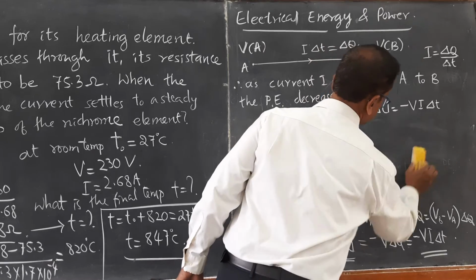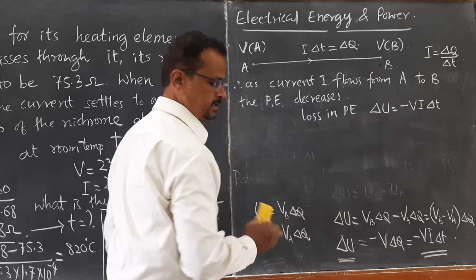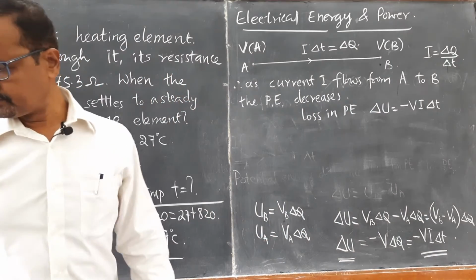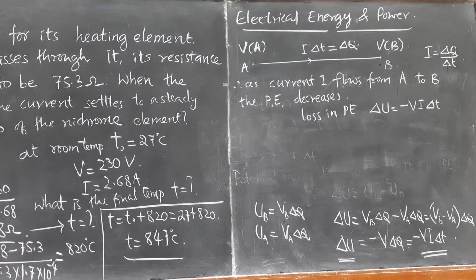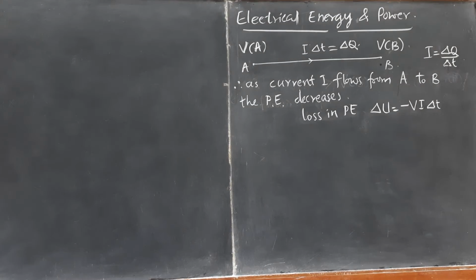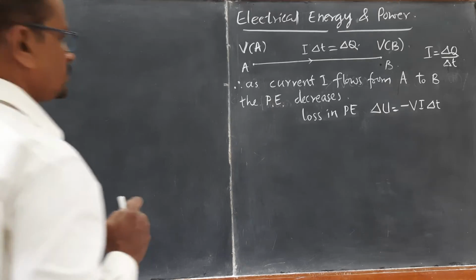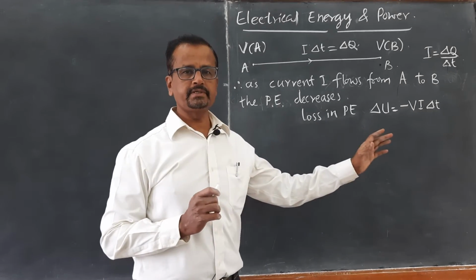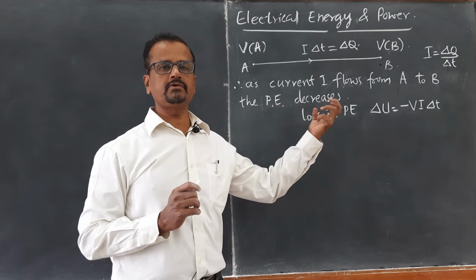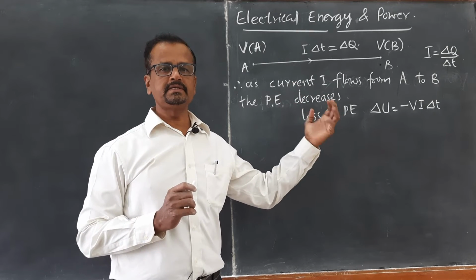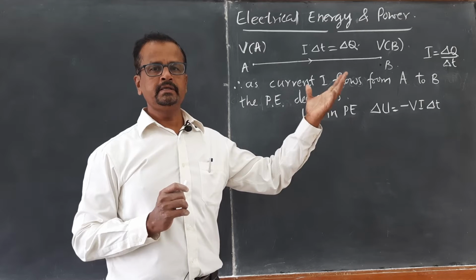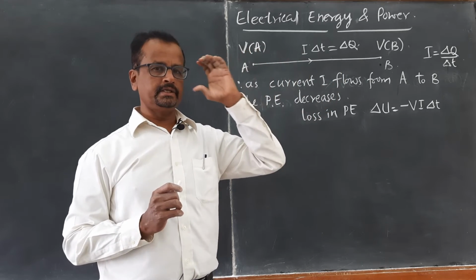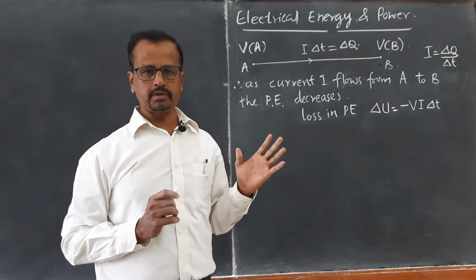Now, very interesting thing is there. Now, we can see, according to the law of conservation of energy, whenever there is a loss of some form of energy, there should be some gain, so that the total mechanical energy should be always constant.